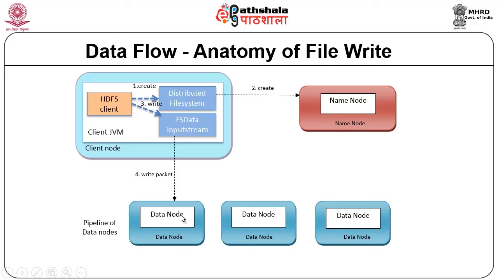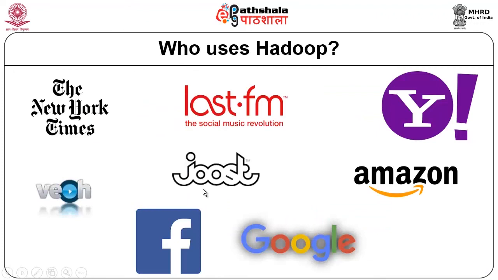So, the data node will have this data, and then it will pass it on to the next data node, and that data node will pass it on to the third data node. So, this is how a write will happen in HDFS. All the upcoming and large environments use Hadoop in a cloud to ensure data availability.